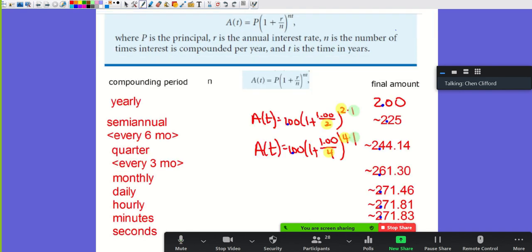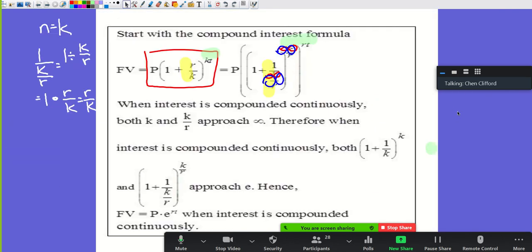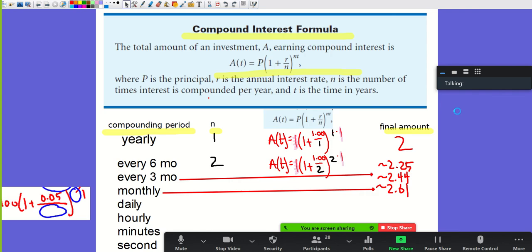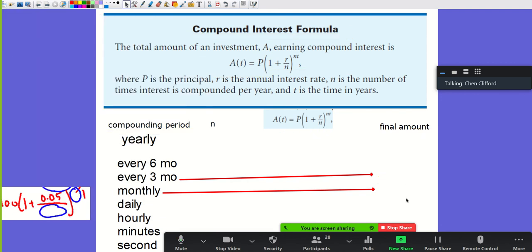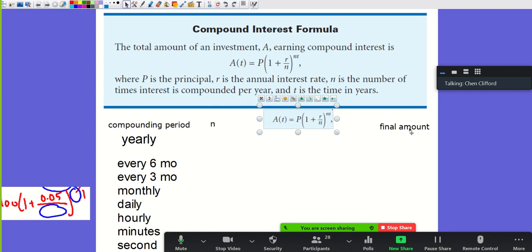I want you to fill in this chart, if I can find it. Here we go. I want you to use this formula and plug it in for each one of these scenarios.